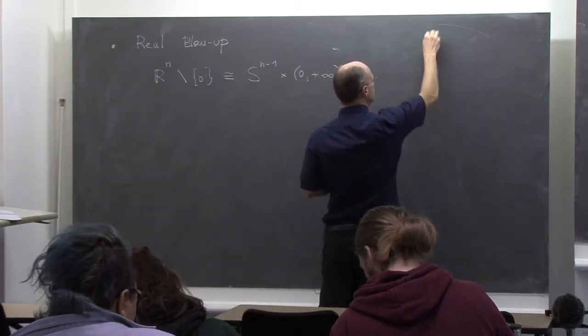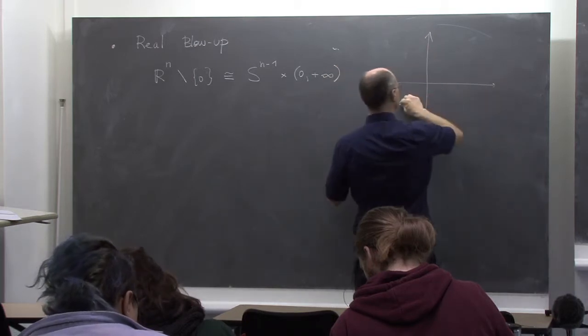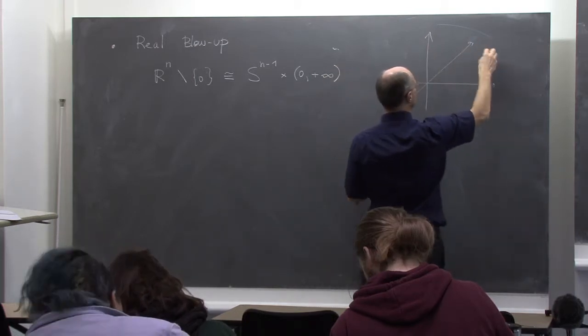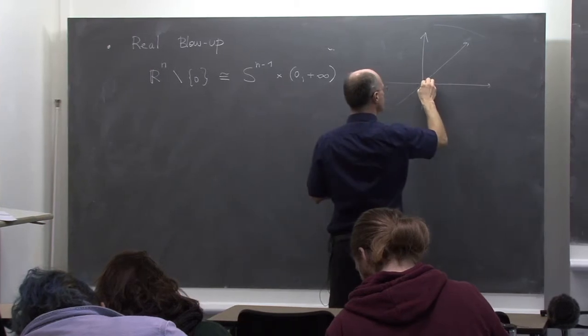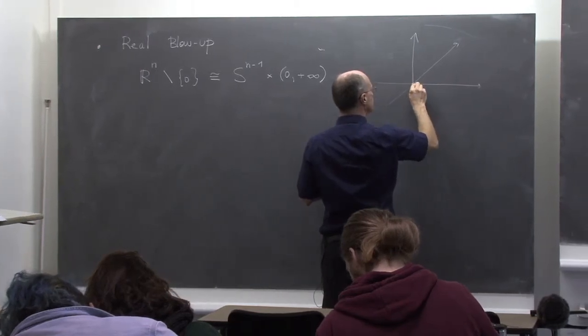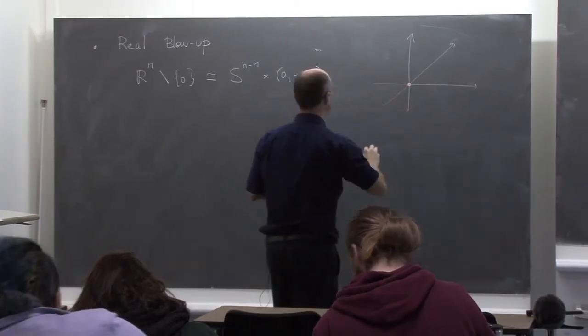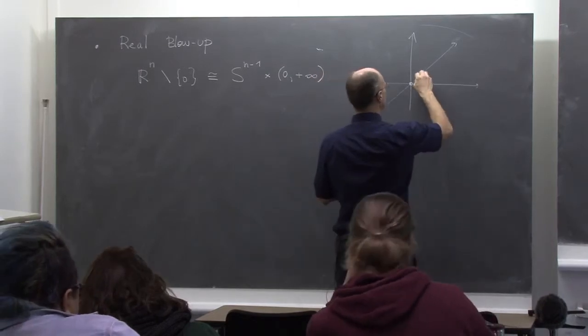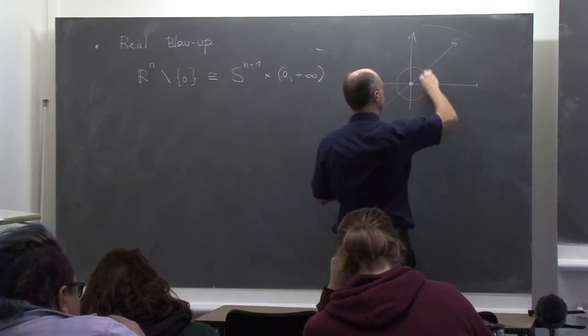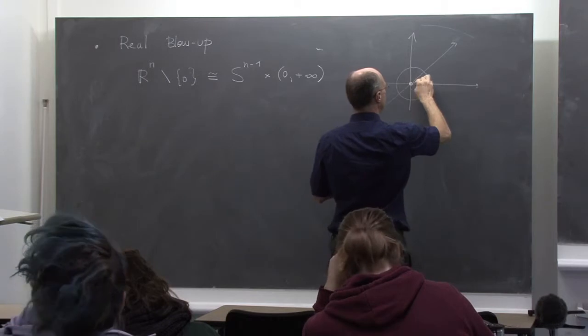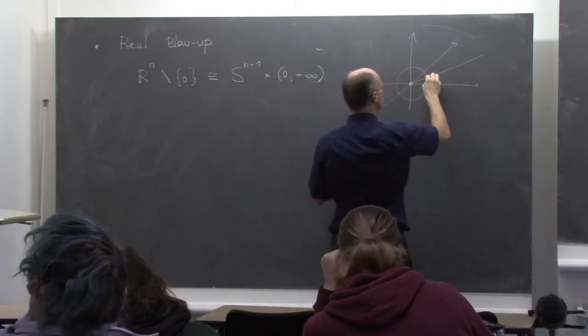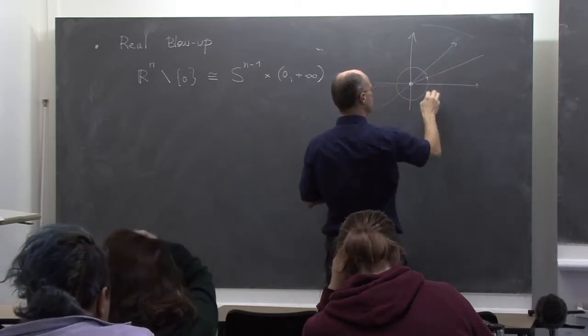So the picture is like that. So here is our vector space Rn. So I'm taking away the origin. And so here is my sphere. And I parameterize my points as a point.